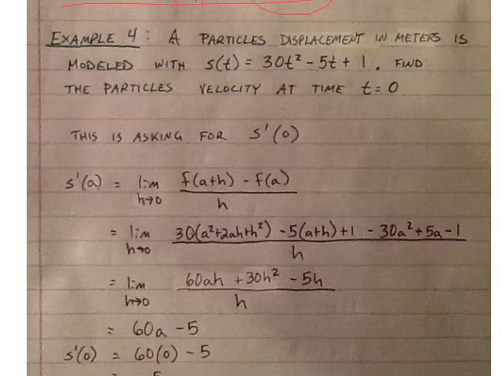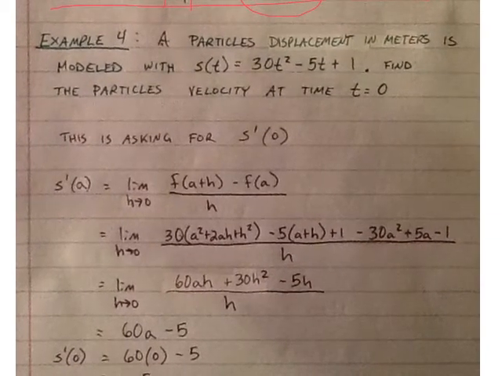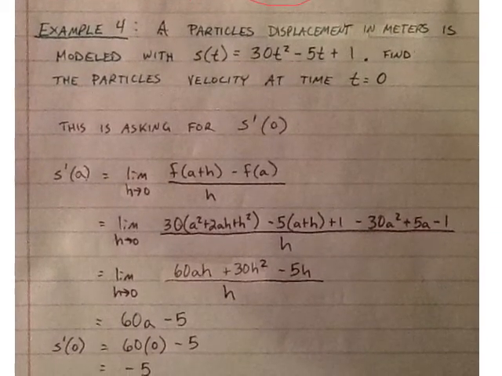So basically what they're saying is find s prime of 0. The approach I took was I first found s prime of a, and then I plugged 0 in. So for s prime of a, we use the definition of the derivative being the limit as h approaches 0 of f of a plus h minus f of a all over h.